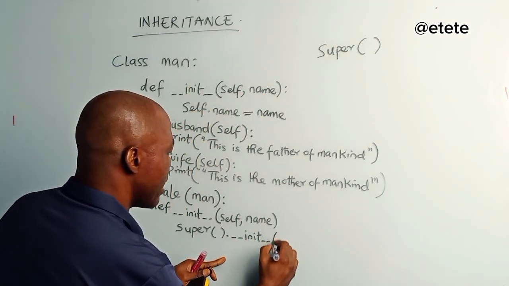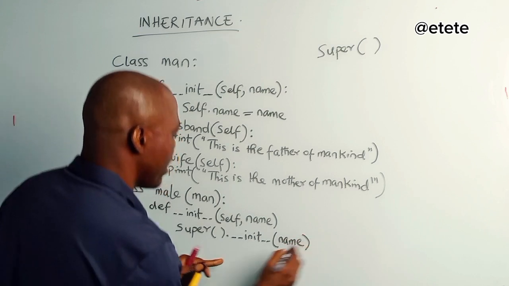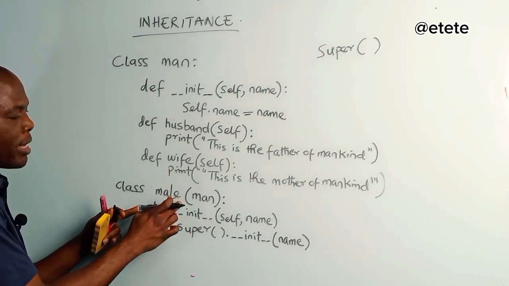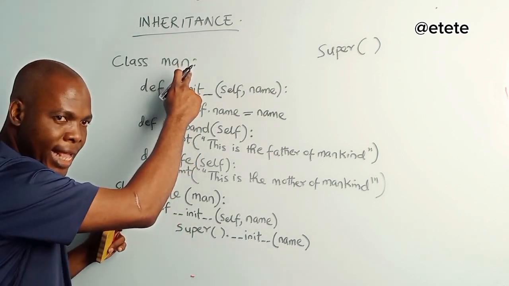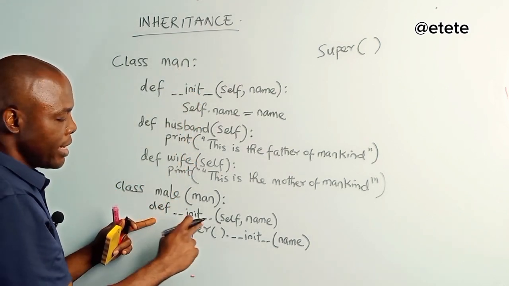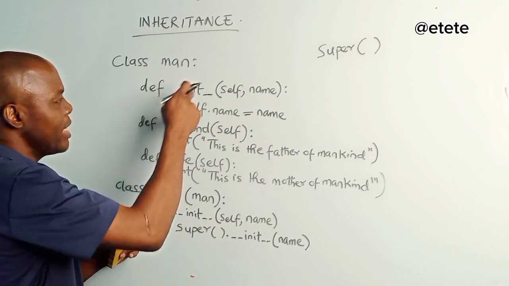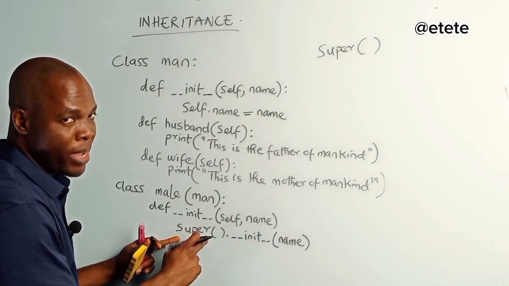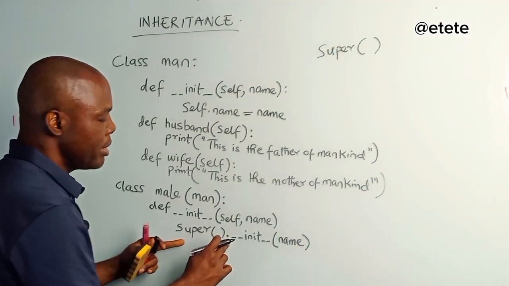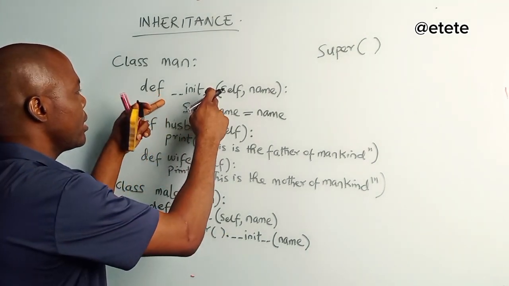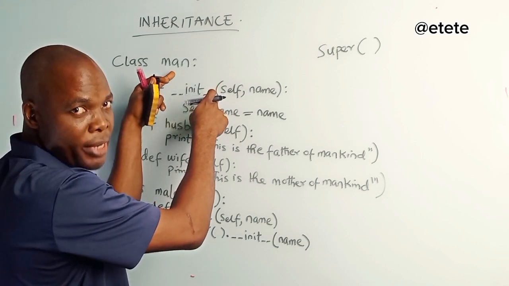So here I am going to put name, right? So I have created the male class, which is the child of this man class. Now it is inheriting the init method. So to access that init method that is here, I'm going to use the super function, meaning I'm using this to call this init method that is inside the parent class.